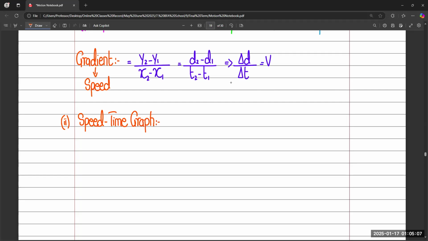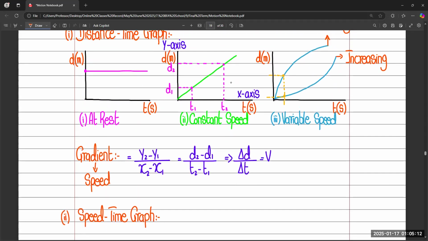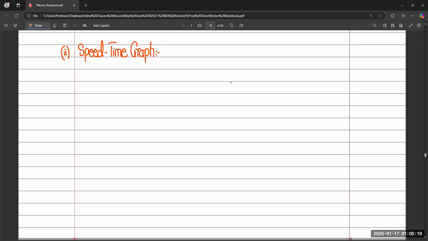So in a speed time graph, we need to make the same x and y axis, but the quantities are different now. Definitely on one axis, we need to place speed. On the other axis, we need to place time. Again, we have three different representations.